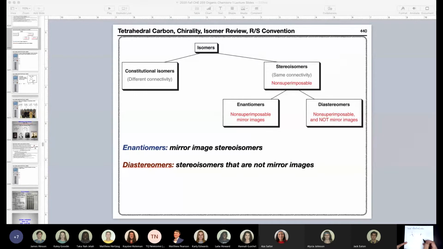Then I have the wedge, and then I have the dash. So what I'm going to do is I'm going to put the substituents in there again with the same colors, but now I'm going to draw them the following way.